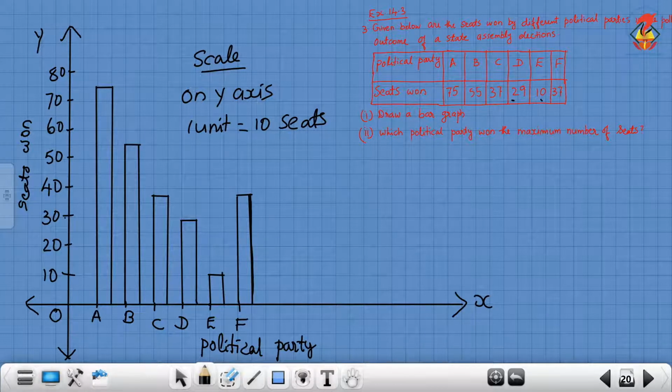This is a bar graph. Next, which political party won the maximum number of seats? Here this bar has the maximum height. That means political party A won the maximum number of seats.